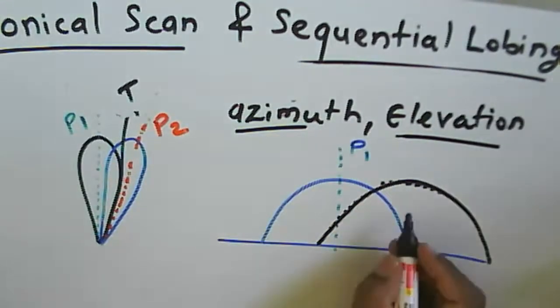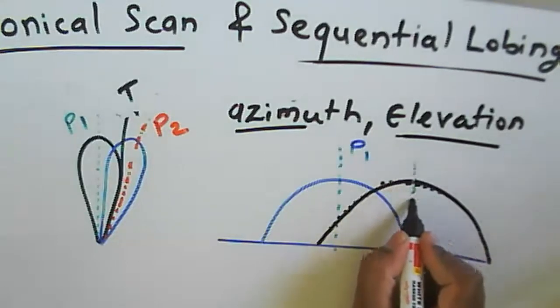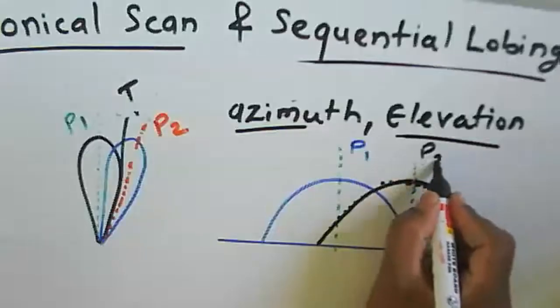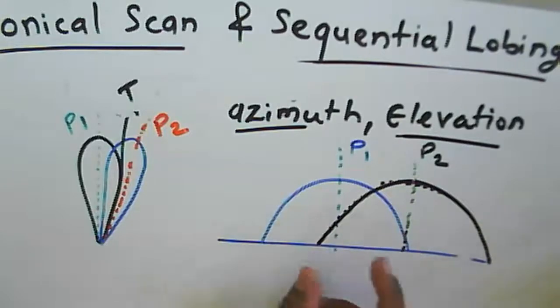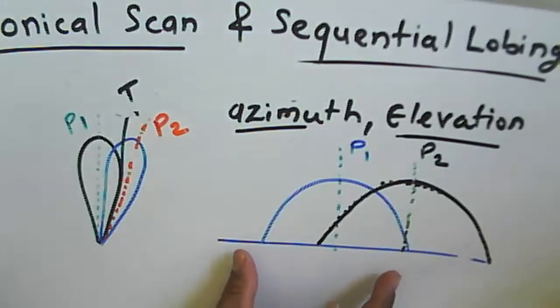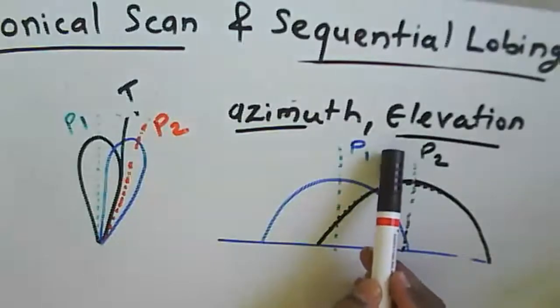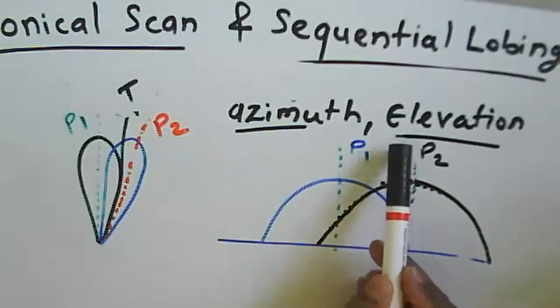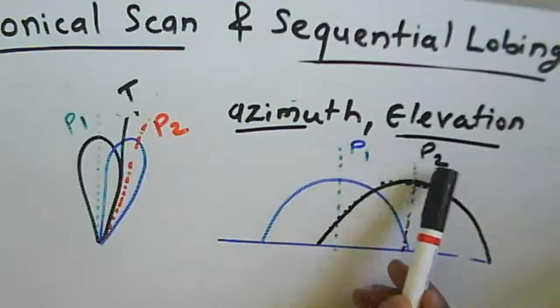So in that case the target position is here, that is P2, the position of this particular lobe. But if you consider instead the main axis, your axis is going to be switched here. So what about the position there? The target position may be here, in between P1 and P2.